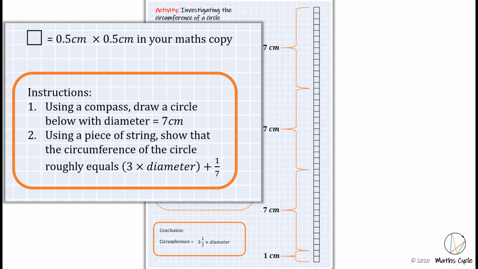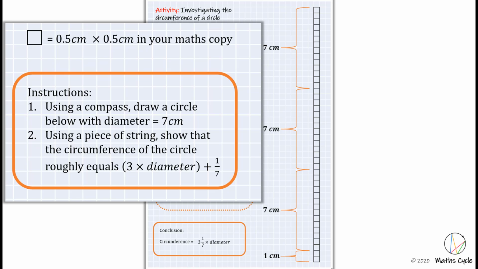And it will be very helpful for this activity also. So the instructions on this activity sheet are: number 1, using a compass, draw a circle below with diameter equals 7 centimeters. So 7 centimeters will be 14 boxes in width.